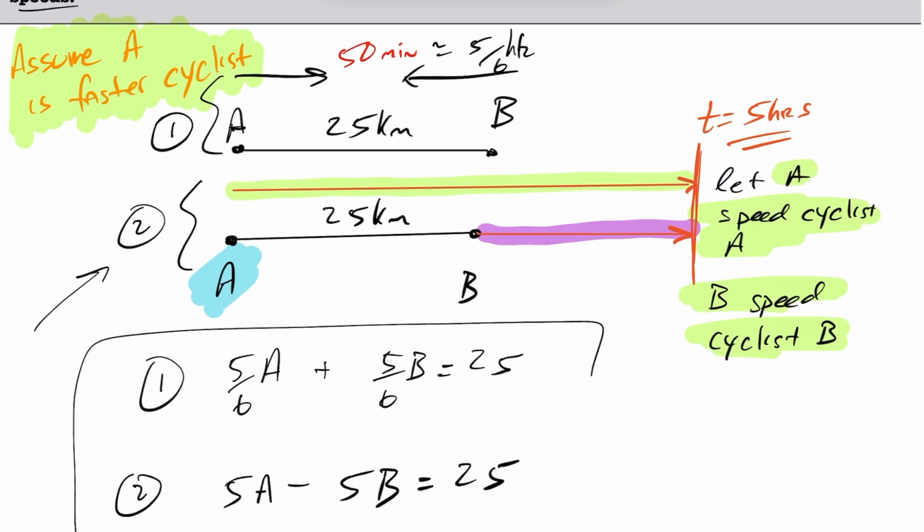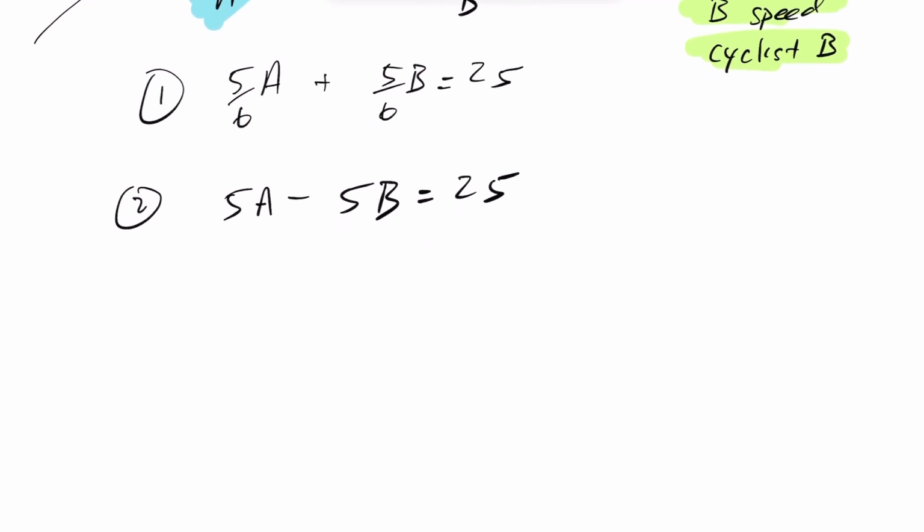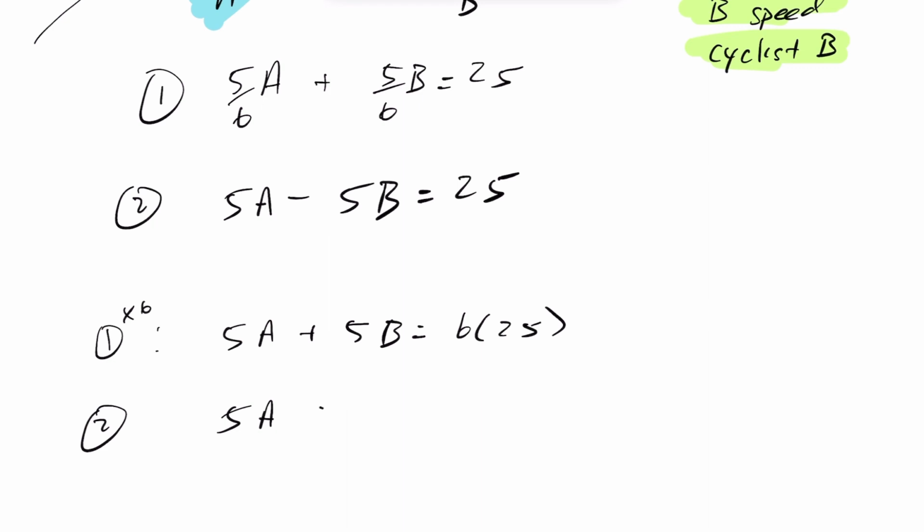So now we're in a situation where I have two equations, two unknowns, and I can solve this problem. To clean this up a bit, I'm going to take equation 1 and multiply across by 6, giving me 5A plus 5B equals 6 times 25. And equation 2 I'm going to leave unchanged.